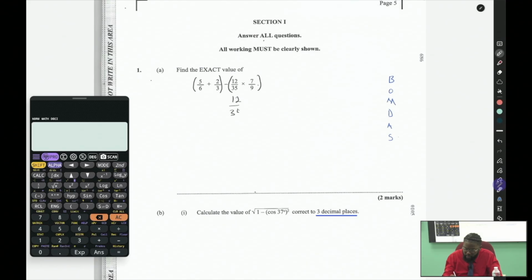So we have 12/35 multiplying by 7/9. We're going to simplify where possible. So 7 can go into itself 1 time, and 7 into 35 goes 5 times. And then for the 9 and the 12, we can simplify diagonally also by using 3. 3 into 9 goes 3 times, and 3 into 12 goes 4 times.